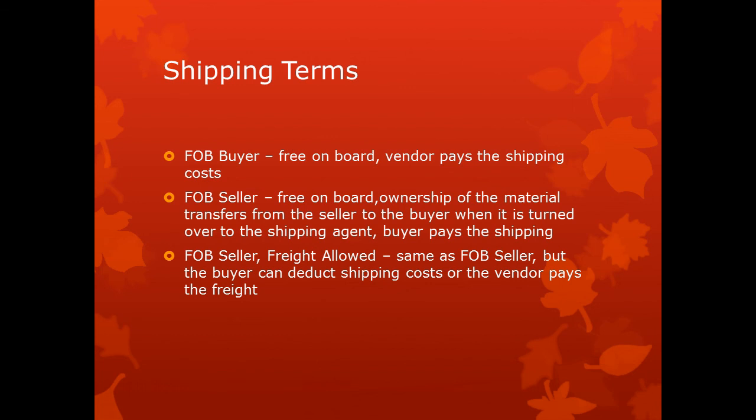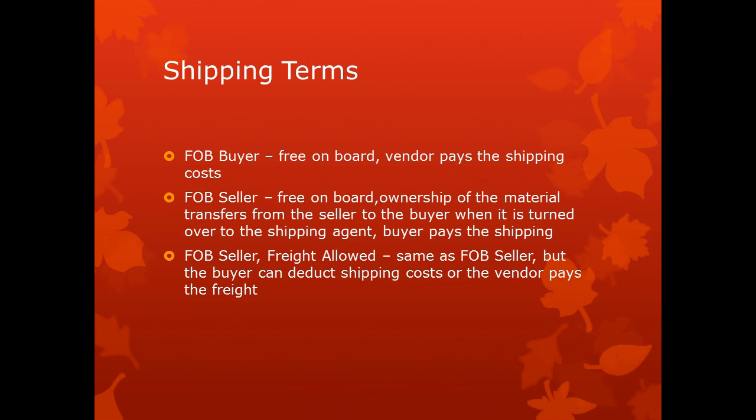So when it goes out that vendor's door, you and I are paying some shipping company to bring it to us. And then the final one is free on board seller, freight allowed. It's the same as free on board seller, but the buyer can deduct the shipping cost, or the vendor pays the freight.